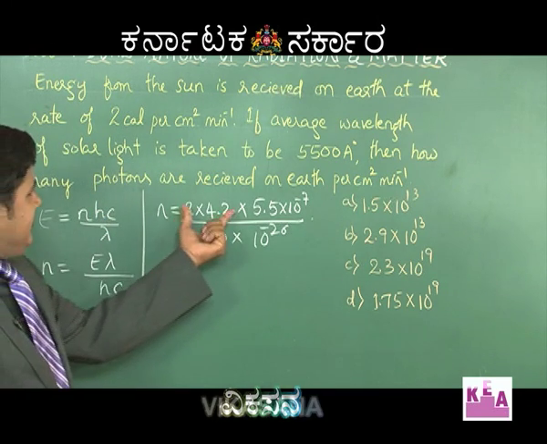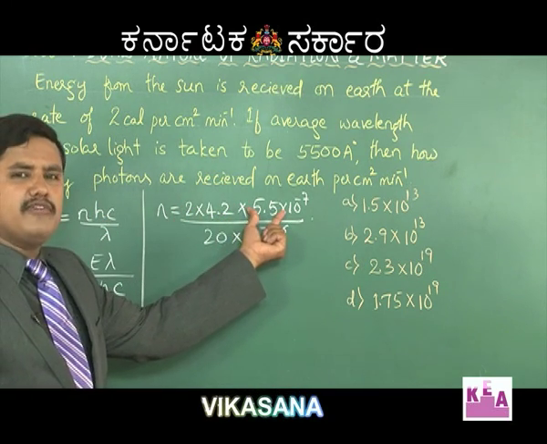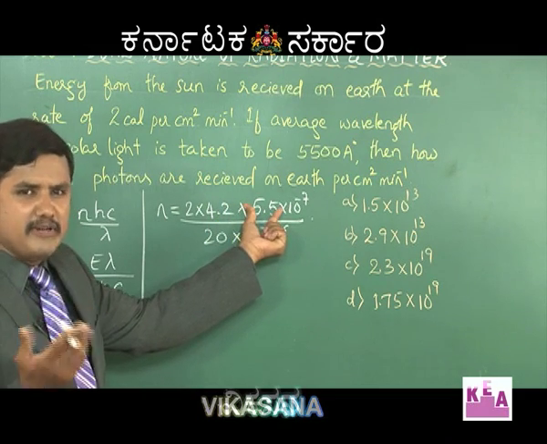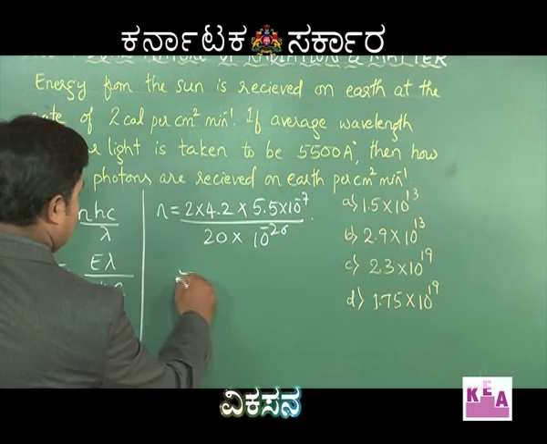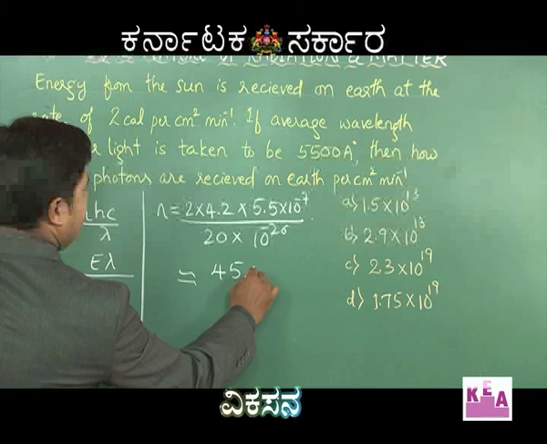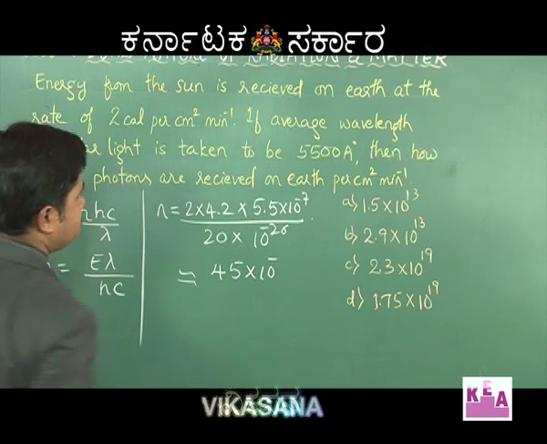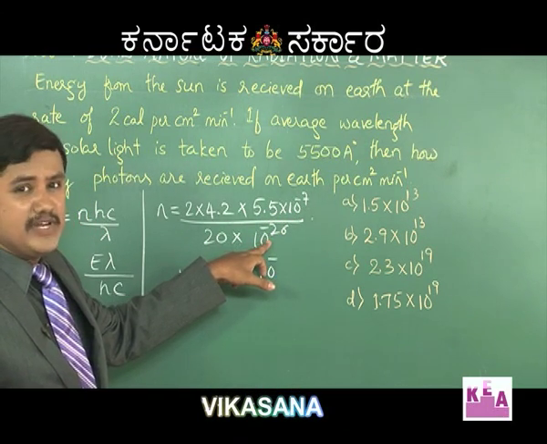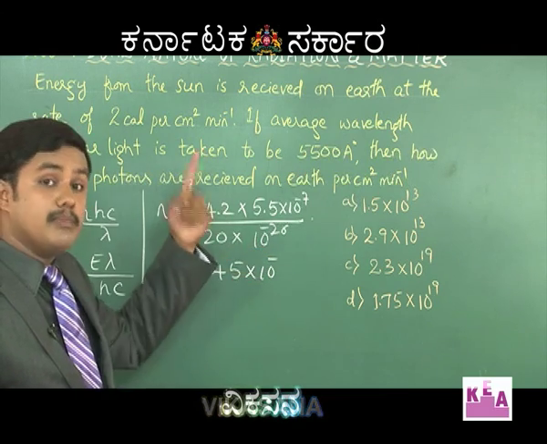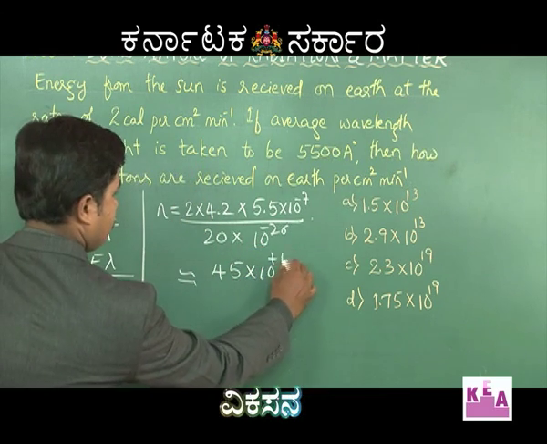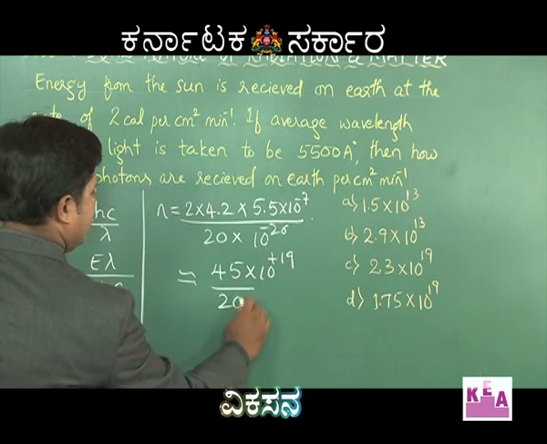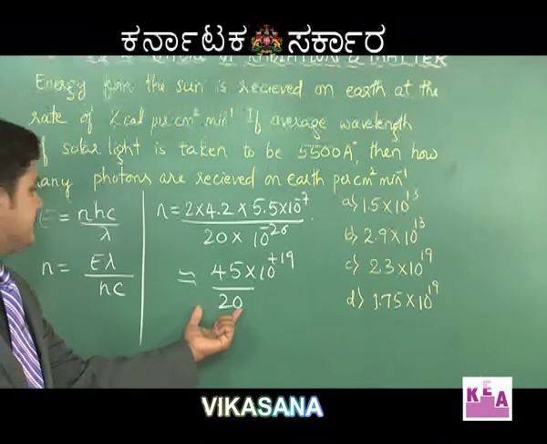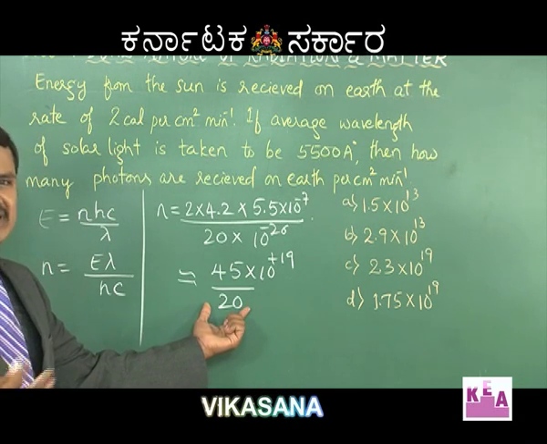What is this? 8.4 into 5.5, approximately I will take it as 9 into 5, can I write it as 45 approximately? I will write it as some 45 into 10 power minus 7 plus 10 power minus 26, that is 10 power plus 19, divided by 20. 45 by 20 is somewhere around 2.3 approximately.